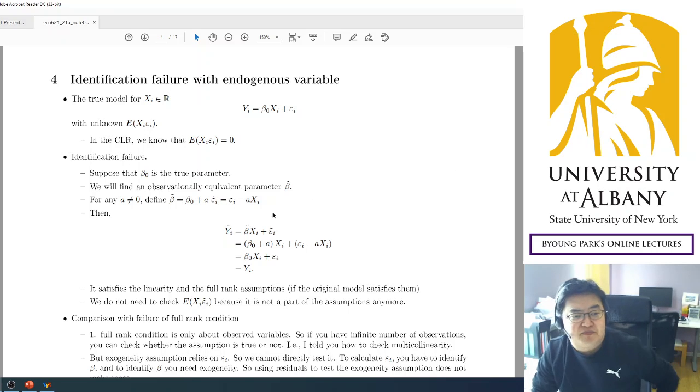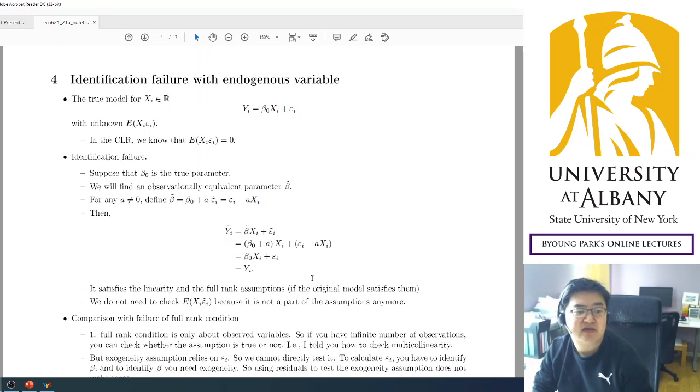And then you have y tilde defined as beta tilde x plus epsilon tilde. Replace beta tilde and epsilon tilde with the expressions as they are defined. Then it's very easy to show that in the end y tilde equals y. So it's really simple. Then this y tilde model is still a linear regression model.